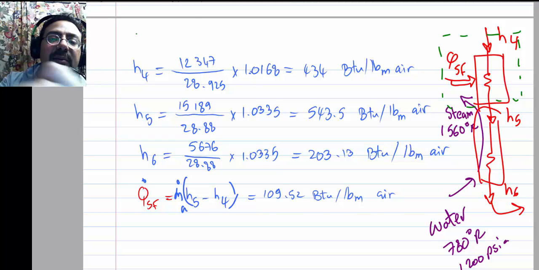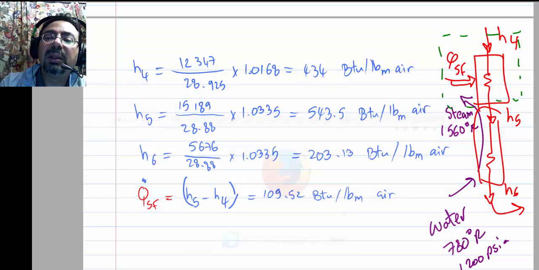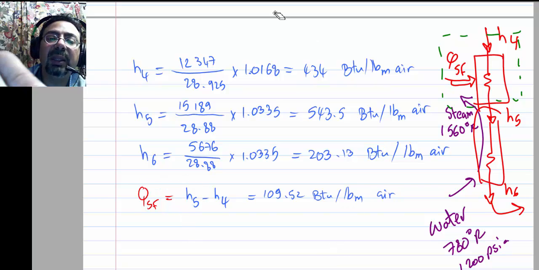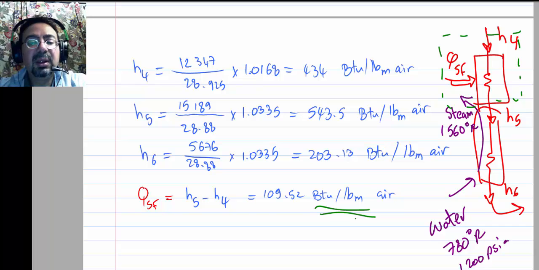So the fact that you don't see m dot air over here is because he is doing it per pound mass. Okay, so first requirement, we got it.